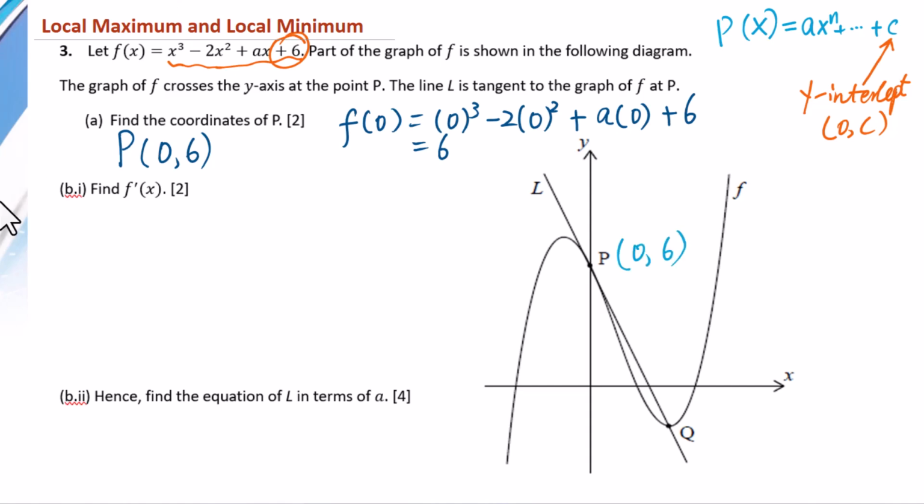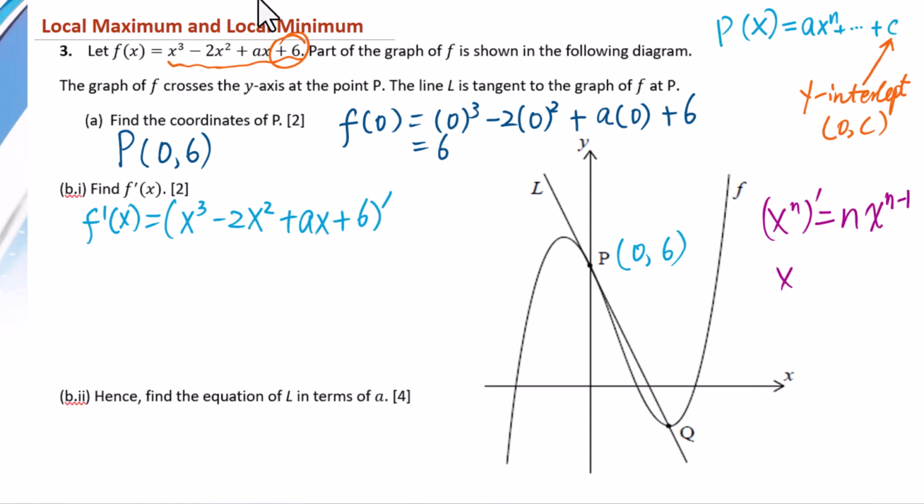B1, find f prime of x. F prime of x equals x to the third power minus 2x squared plus ax plus 6, prime. We have to use this formula. Remember, x prime equals 1, c prime equals 0.